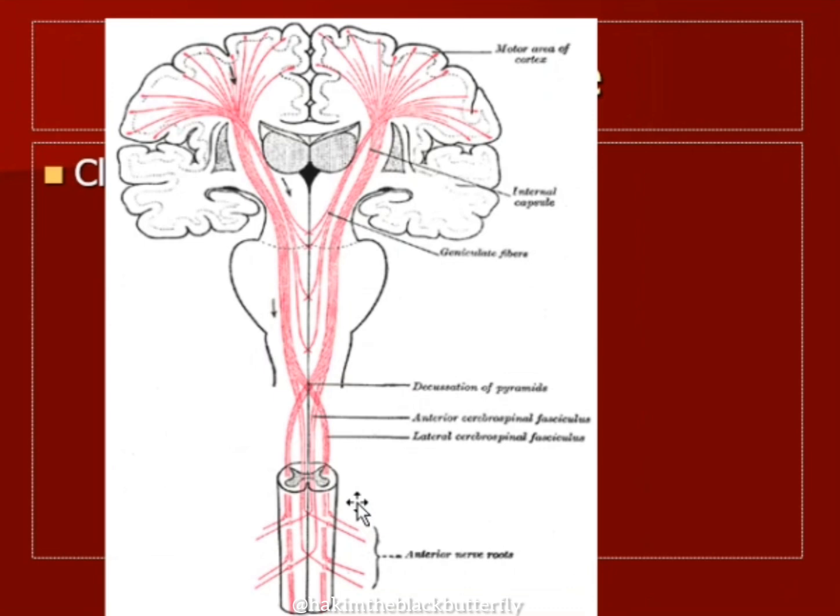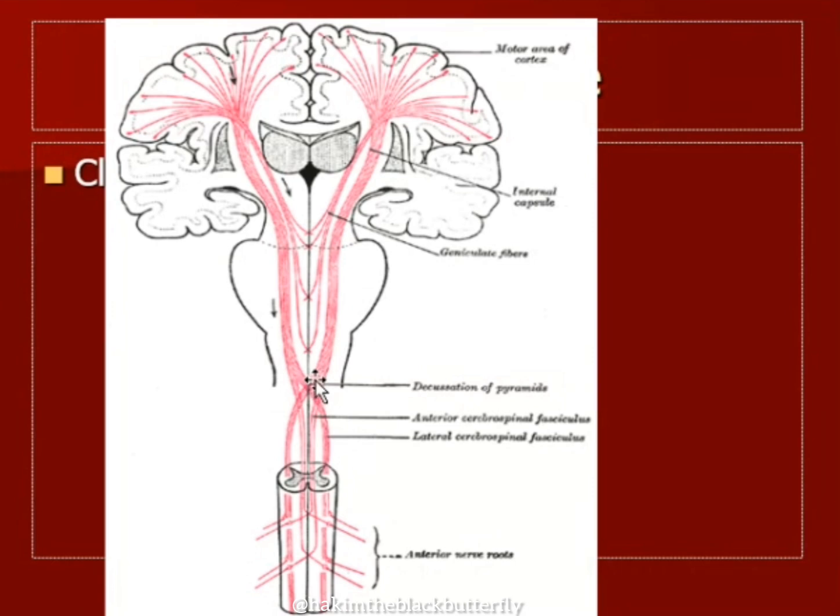And I said that when these descending tracts reach the medulla oblongata, the corticospinal, 90% decussate. And this is two-way. The ones on the left cross to the right, and the ones on the right cross to the left. At this point where these descending tracts decussate, we call that the decussation of pyramids.